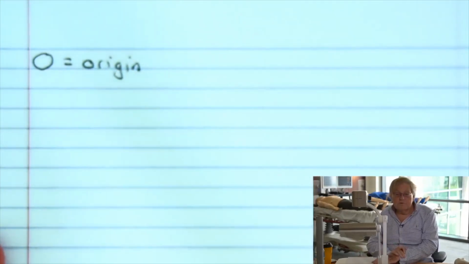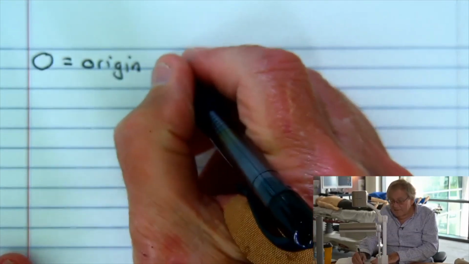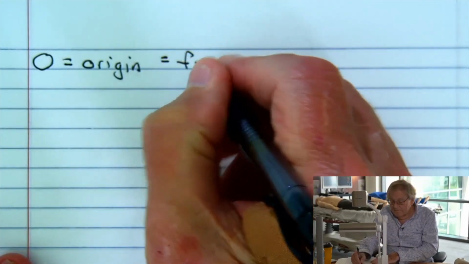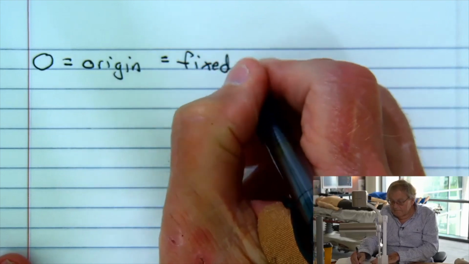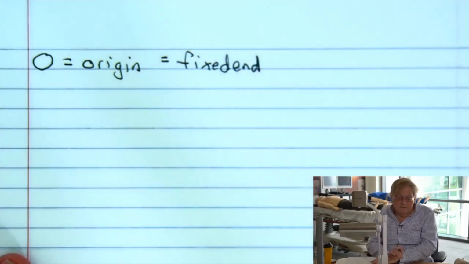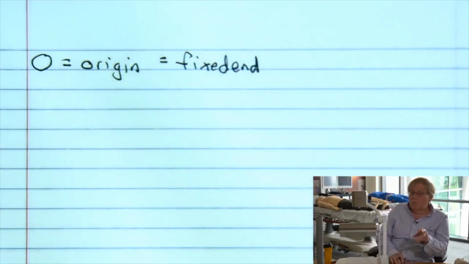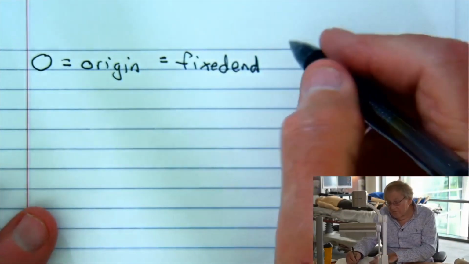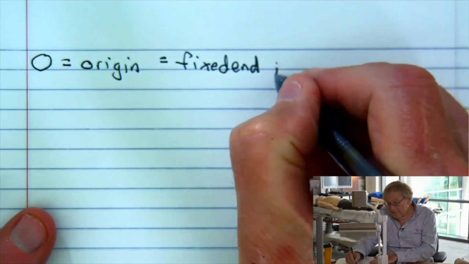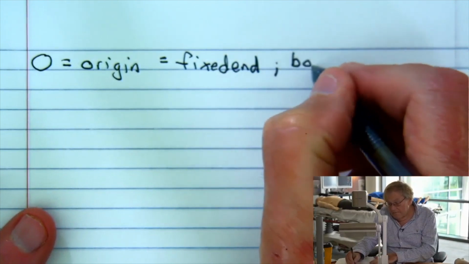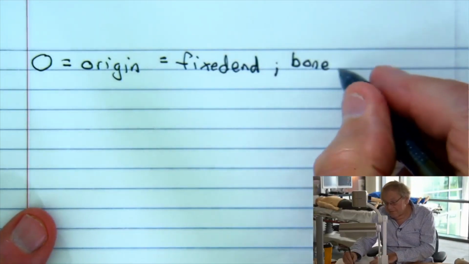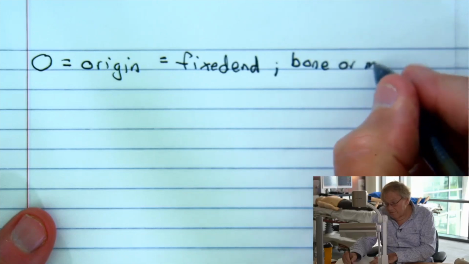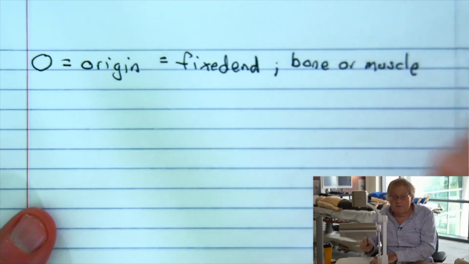And the origin, just like I showed you, is going to be the fixed end of a muscle. And therefore, you also want to think, what might the origin be? An example could be a bone, but it also could be a muscle. So it doesn't always have to be a bone.